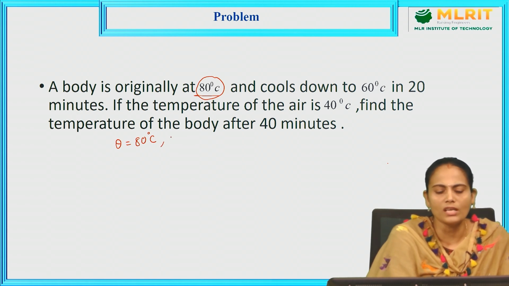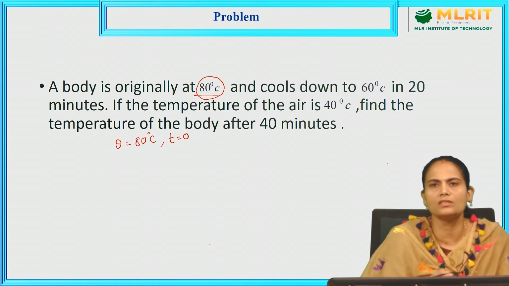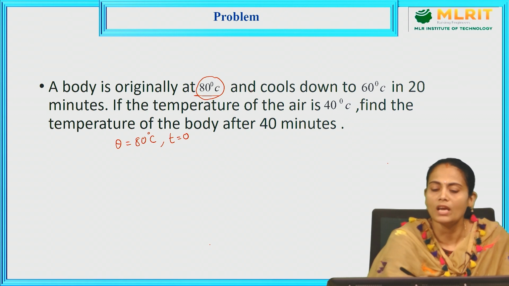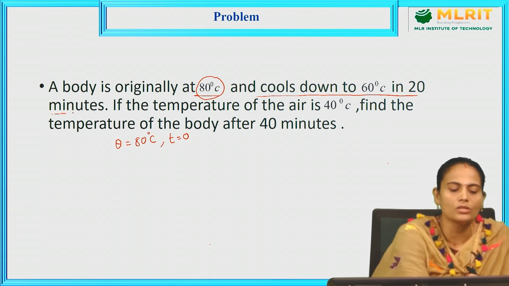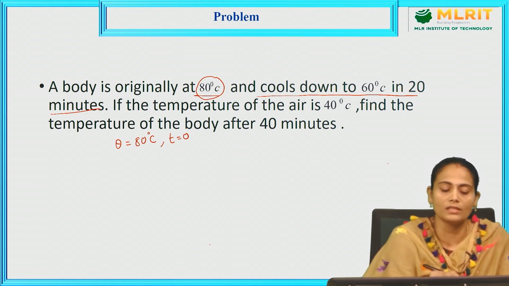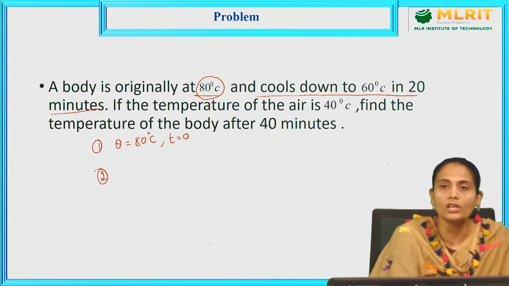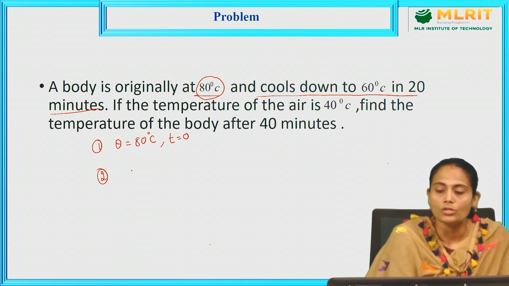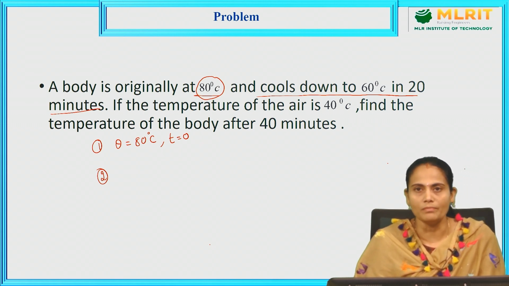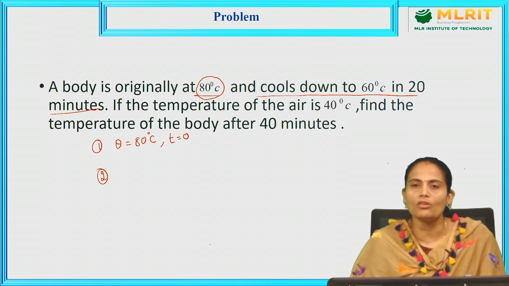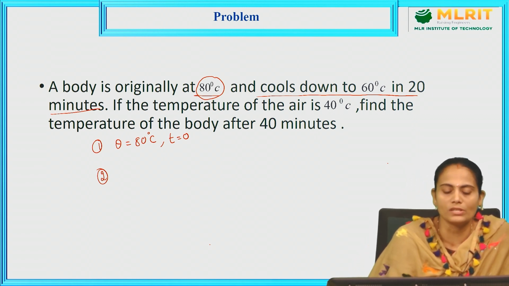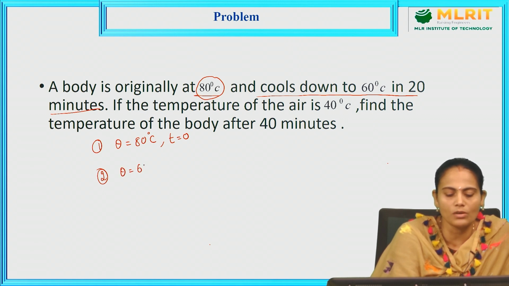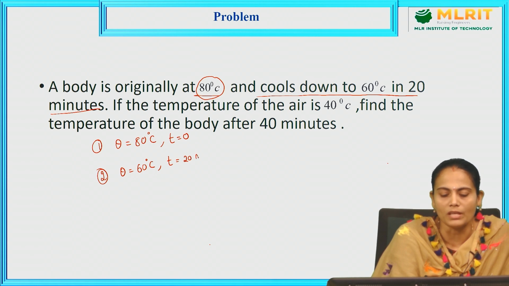Initially we know that the time is always 0, and it cools down to 60 degrees centigrade in 20 minutes. So another condition is also given. Within 20 minutes, the temperature of the body is 60 degrees. So theta is equal to 60 degrees centigrade when the time is 20 minutes.